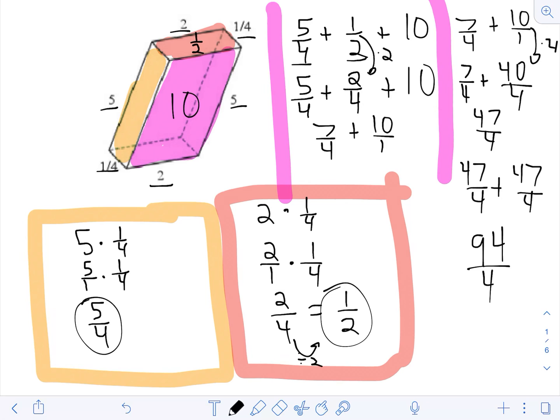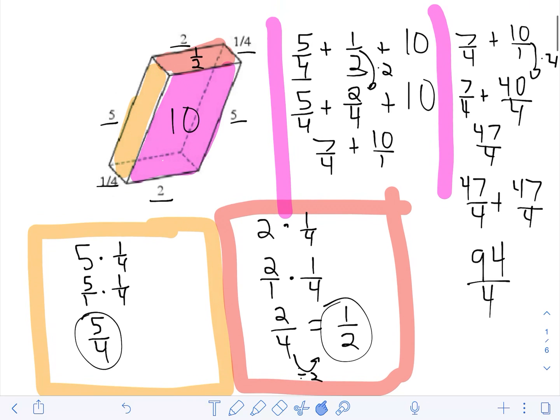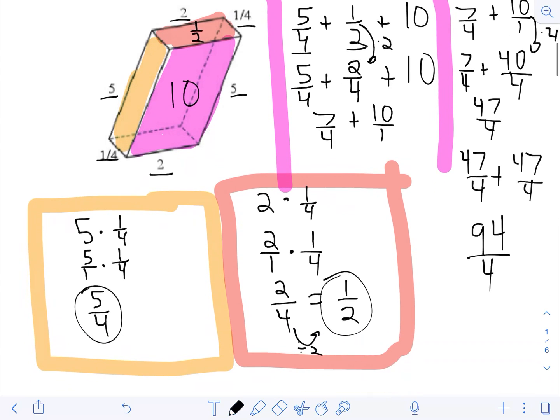Oh, wait a second, they're both even. Let's reduce that, friends, okay? They're both even, so I could divide it by 2. Do some math, cut 94 in half. What you get is 47 over 2, which is our total surface area.